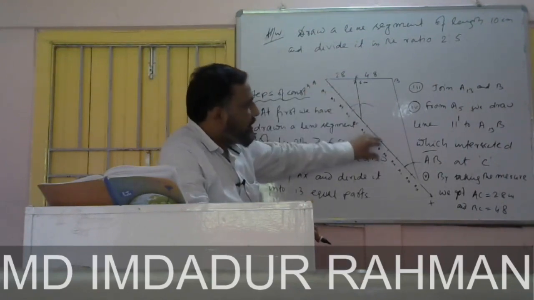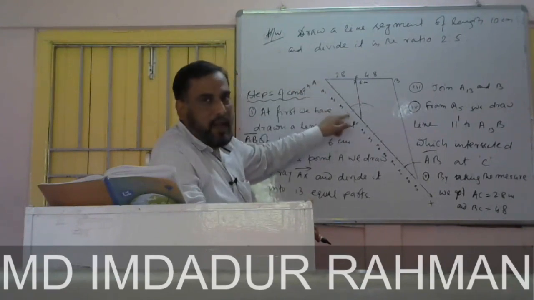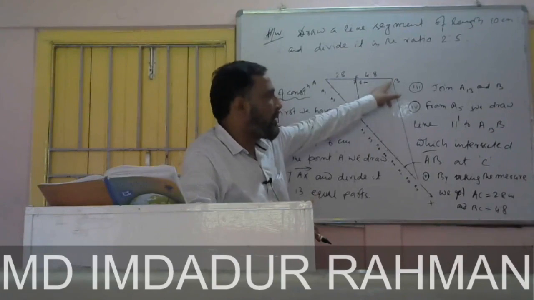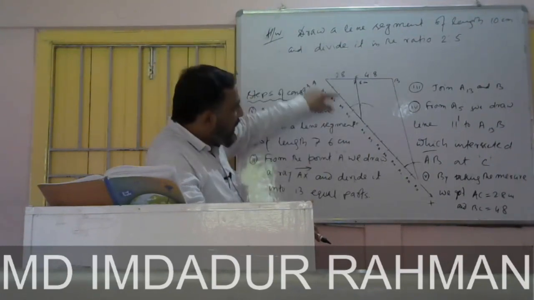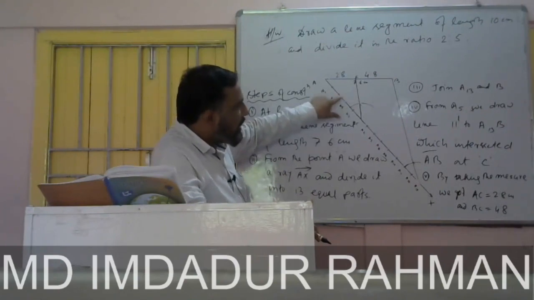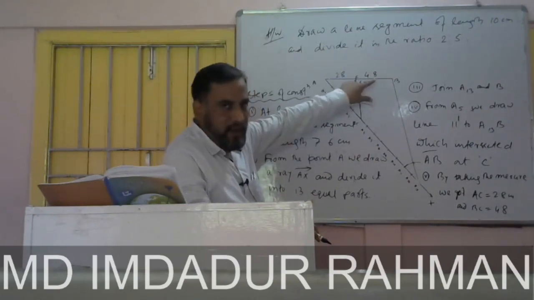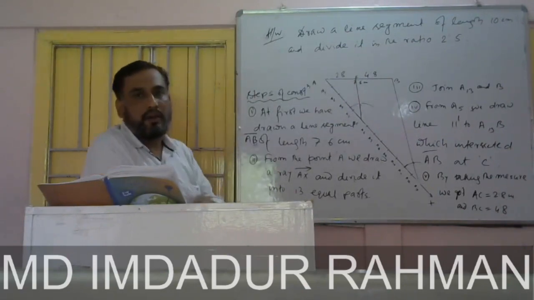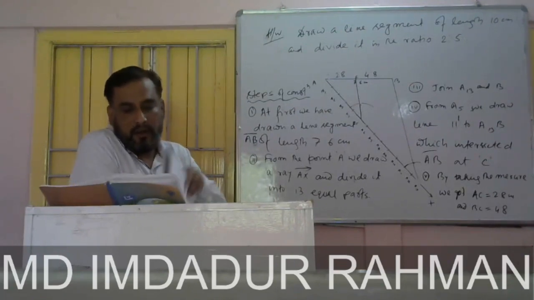So you give 7 parts here and mark it A1, A2, A3 up to A7 and then you will join A7 to B and then from A2 we will draw a line parallel to A7B and it will be divided in the ratio 2:5. Okay, so try at your home.